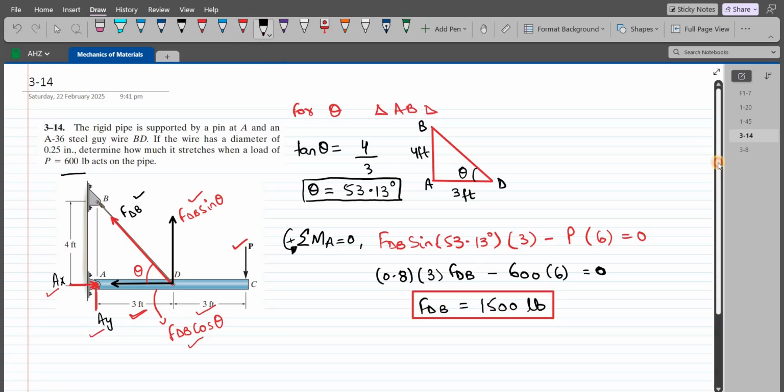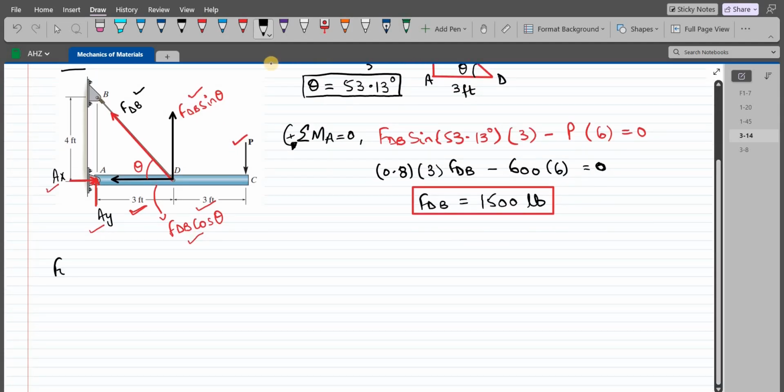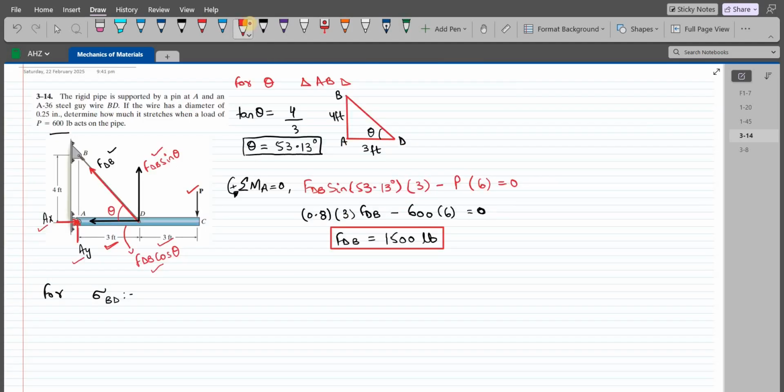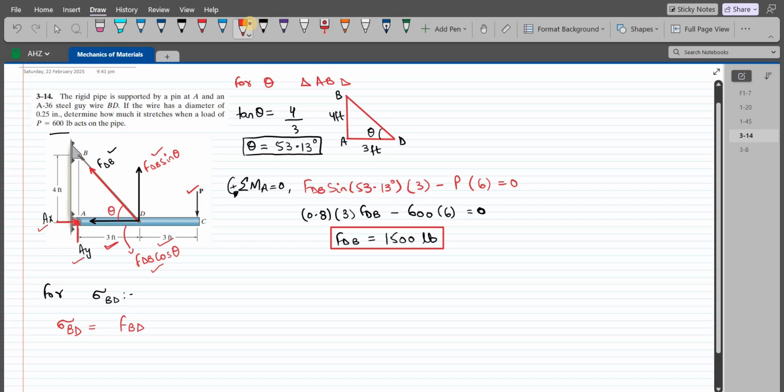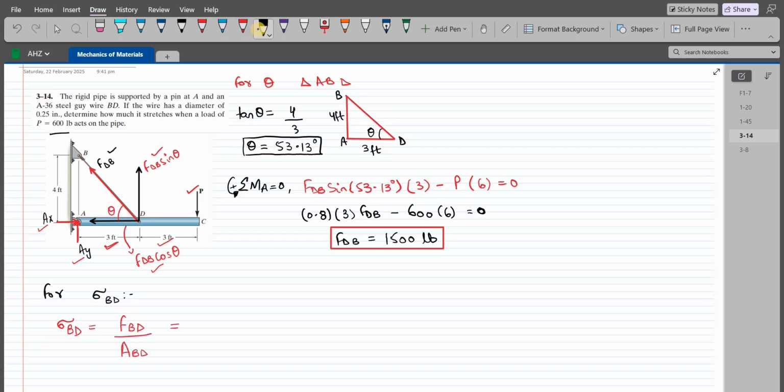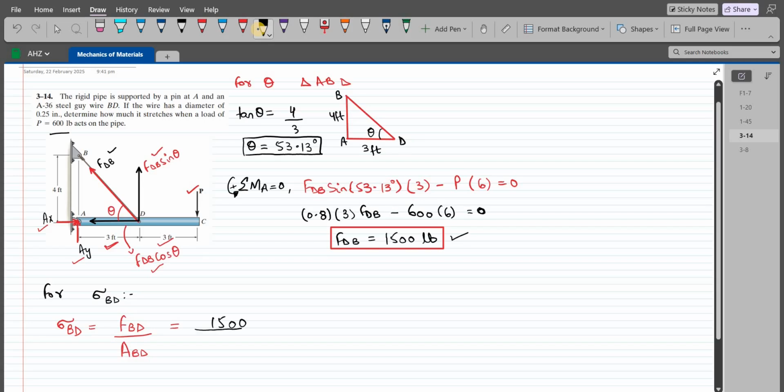Now we have to find the average normal stress in the wire BD, sigma BD. So the average normal stress in the wire BD is equal to force FBD divided by the cross-sectional area of the wire BD. So FBD is 1500 lbs divided by the cross-sectional area of the wire BD, which is the area of the circle. So pi by 4, diameter squared.